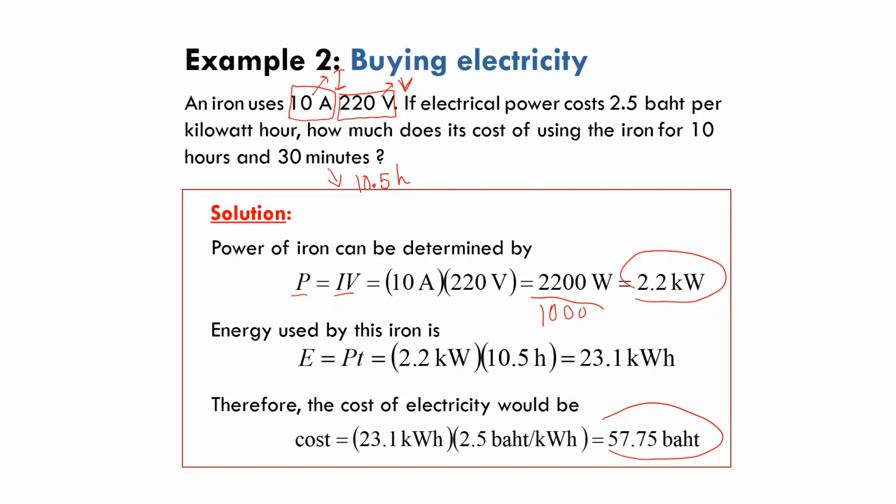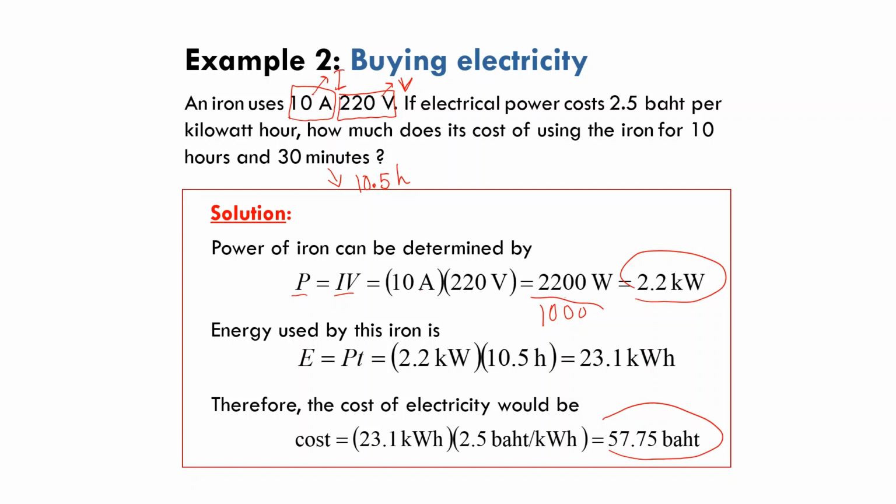I think you can try to understand more if you don't get it, but I think it's pretty obvious. It's the example I teach you, how to find the power from the current and the voltage, and how to find the energy related to the power. Finally, you will be able to calculate the cost that you have to pay per month if you use several pieces of equipment, and each has different power.